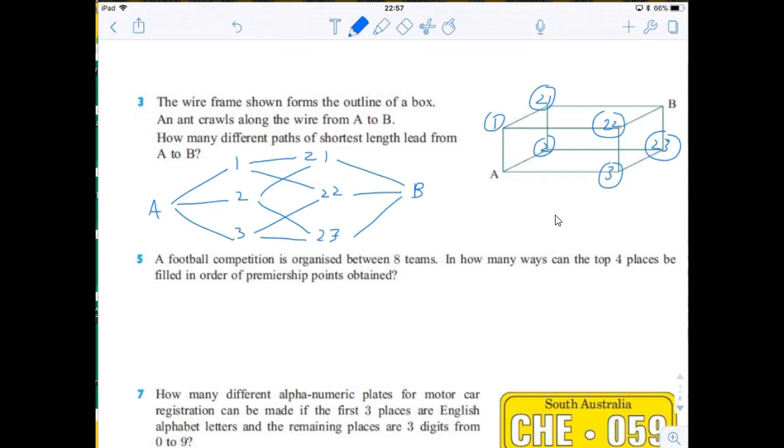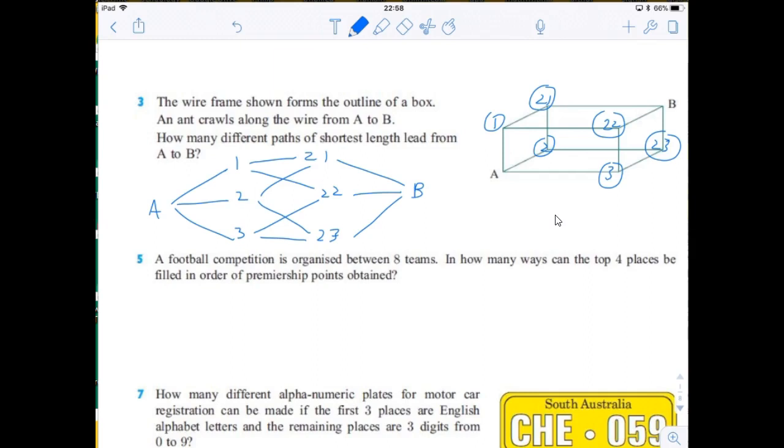From 21, 22, and 23, you can go to corner B. There are other ways you could go from A to B, but those are the only ways to go in 3 sections. If you went from 1 to 22 and then to 3 to 23 to B, that would be a unique path, but it wouldn't be a shortest length path.